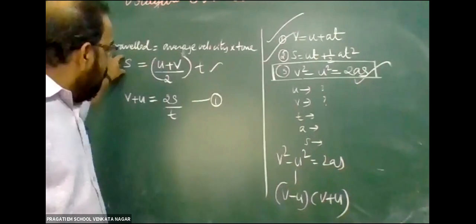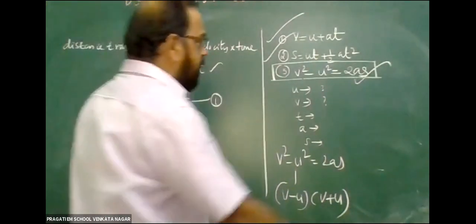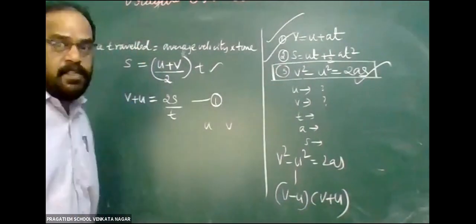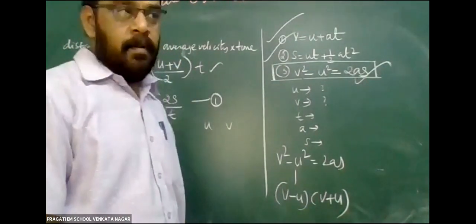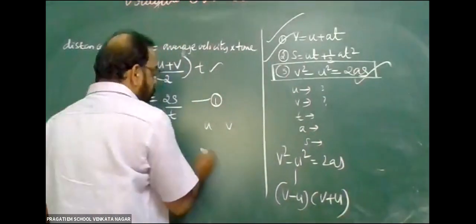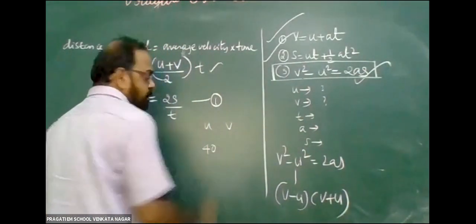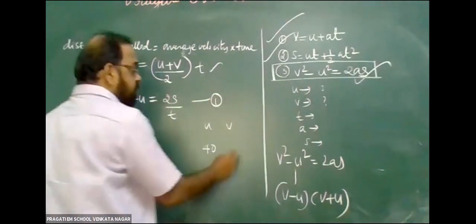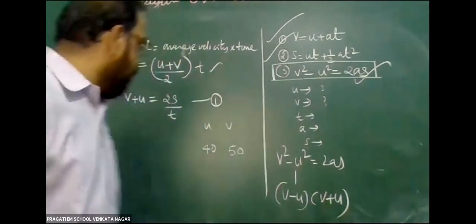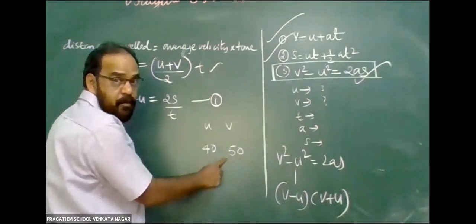Okay, what is distance traveled? Average velocity into time. And what is the average velocity when there are two velocities, U and V? For example, you got 40 marks in PS and 50 marks in NS. In examination you got 40 for PS, 50 for NS.